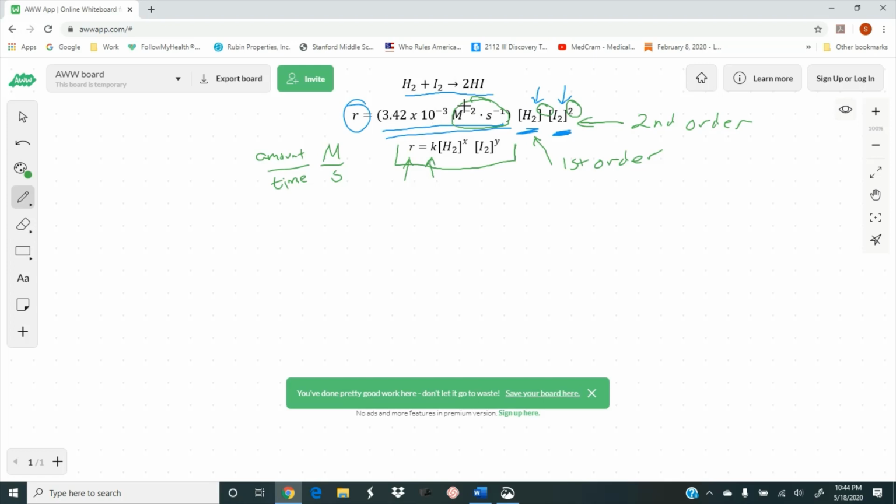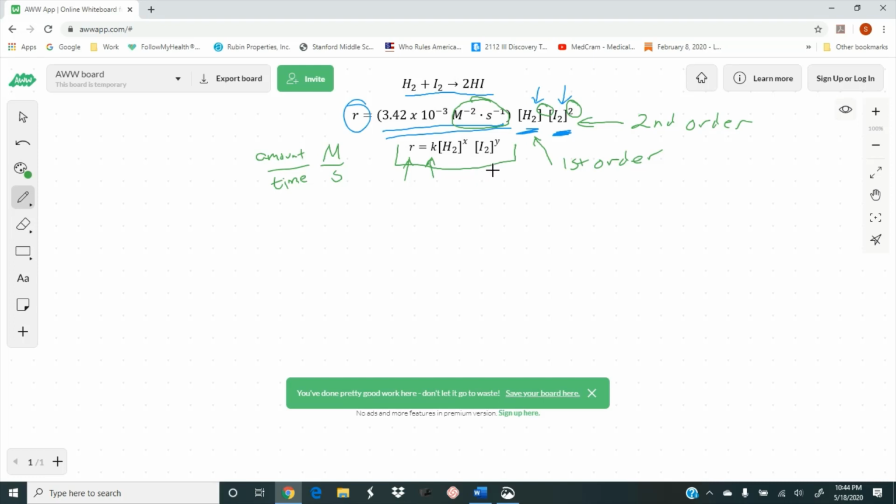So you have a rate constant. So R is equal to some constant times the concentration of reactant 1 to some power, right? We should call it the order with respect to that reactant, times the concentration of the second reactant raised to some other power, its order, the order with respect to that reactant.